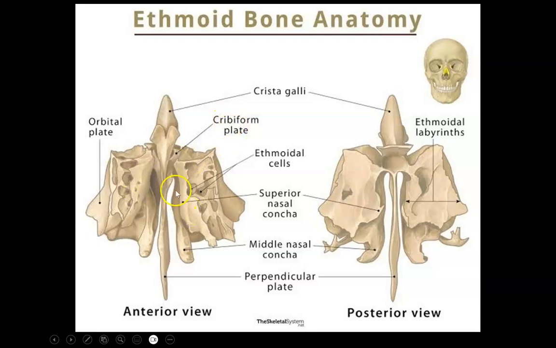Another view: this is the middle concha, this is the superior turbinate or superior concha, the middle turbinate or middle concha, the ethmoid and the orbital plate. And also we have the horizontal plate, cribriform plate, and a vertical plate, crista galli, and perpendicular plate.